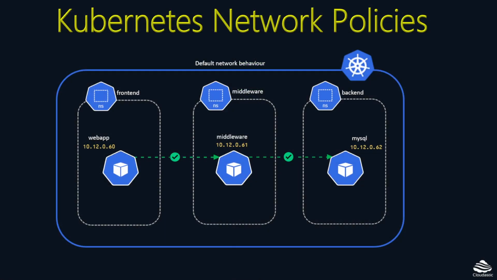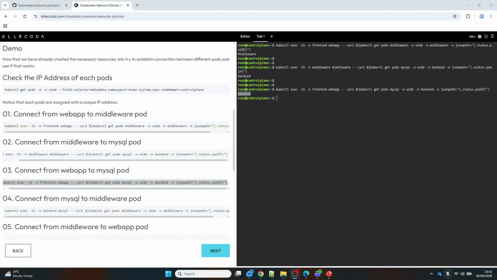Coming back to our visual representation. So we have now tested the connectivity between the web app and the MySQL pods. It works. So far, we have covered the outgoing traffic from the web app and the middleware pods. Now let's cover the incoming traffic.